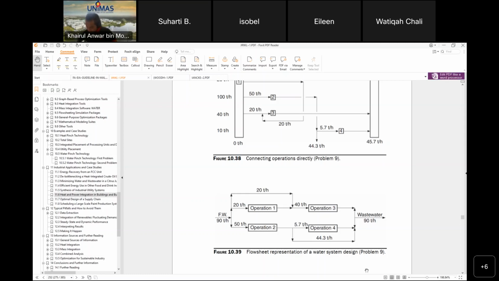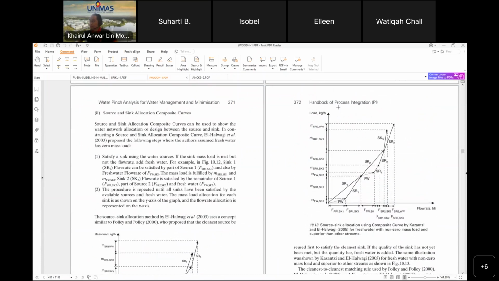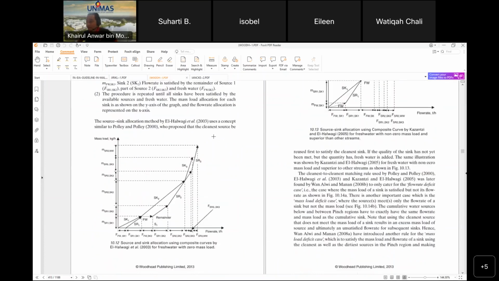Emergy is embodied energy. This book is the Handbook of Process Integration. I will share it with you later.